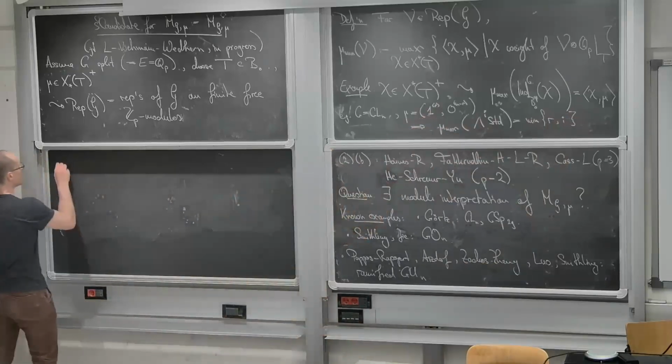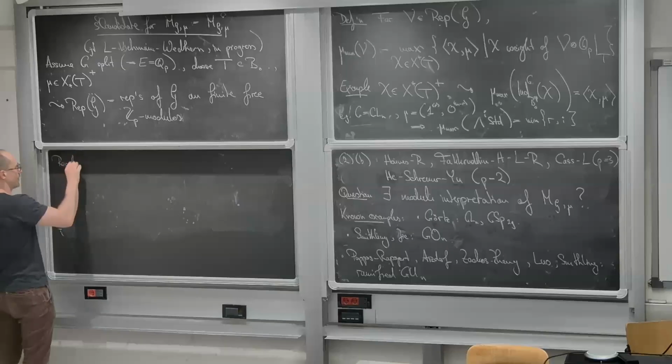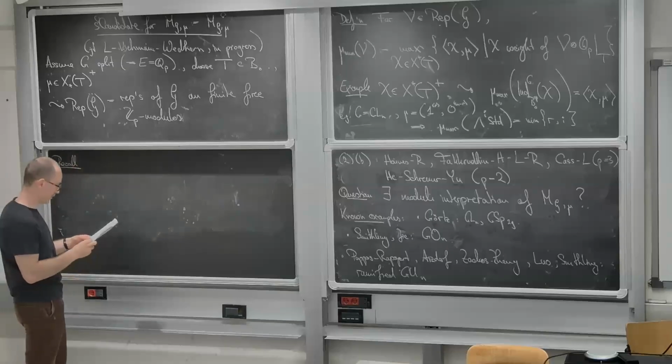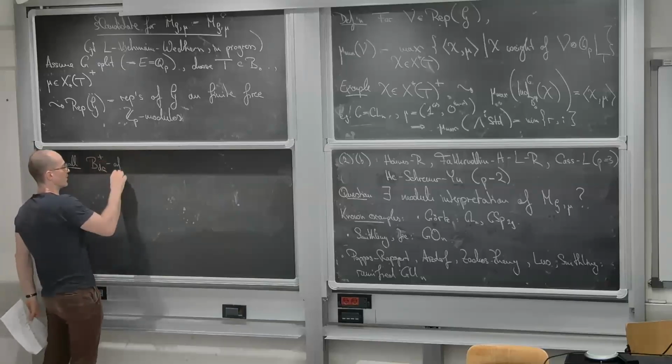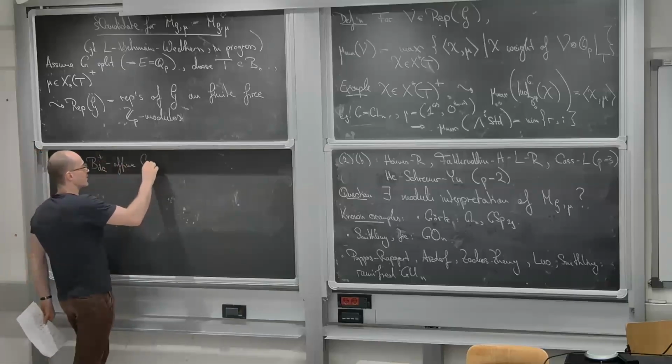Okay, and then before writing down this candidate for modular interpretation, let me swiftly recall the BdR Grassmannian.